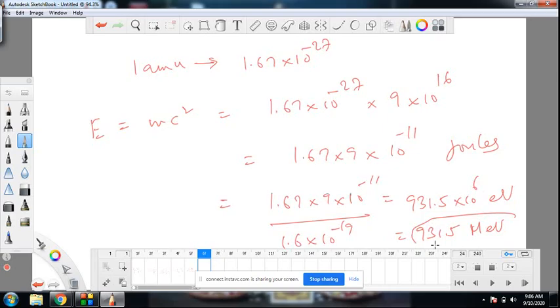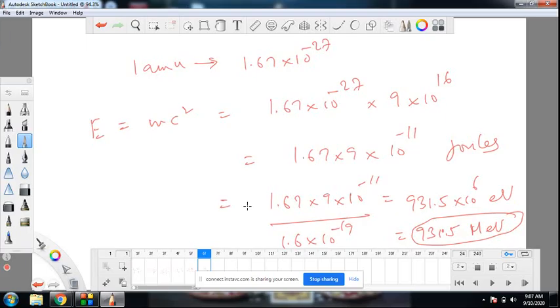You see, 1 AMU, if you completely convert it into energy, mass is being completely converted into energy. Mass disappears, energy appears, let us say. So 1 AMU, if it completely disappears, gives you 931.5 million electron volts of energy. Disappear means how? I don't know how it happens. One simple example of mass disappearance is radioactivity.